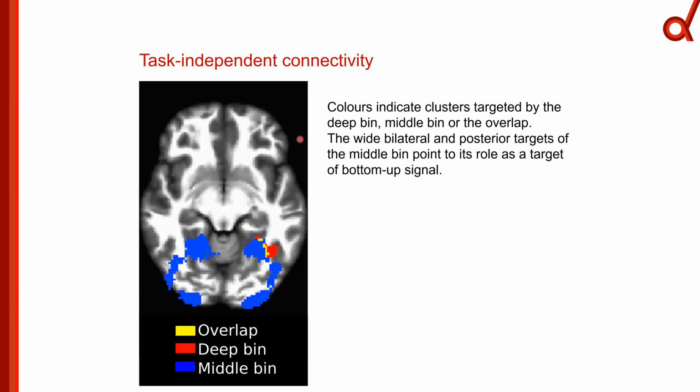Now, if we take the region of interest and look at the task independent connectivity, which would be a form of functional connectivity, then you can see that the middle bin, which is the region which would be getting input from lower regions, is very nicely showing up down with the early visual areas, whereas the deep bin is only linking up with some of the other language areas over here. So on the left side of the brain.